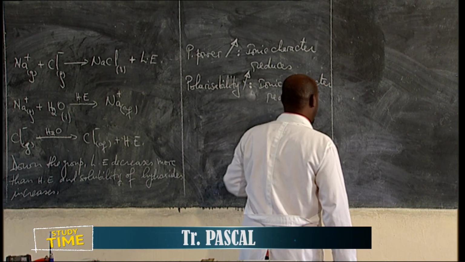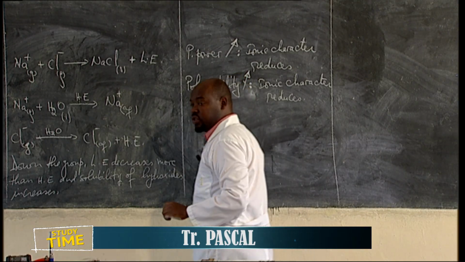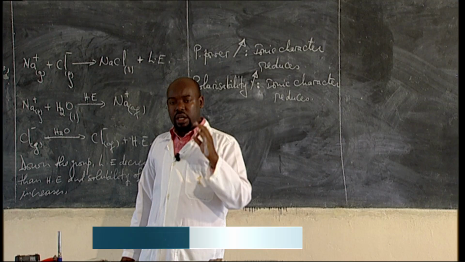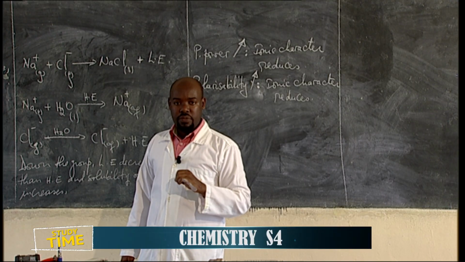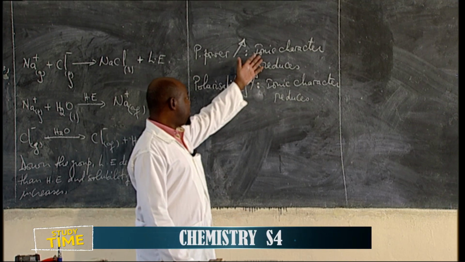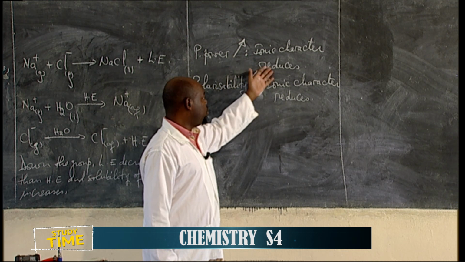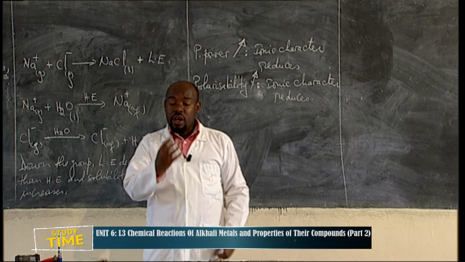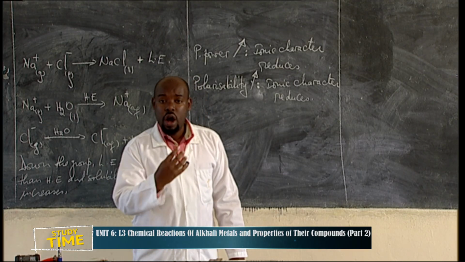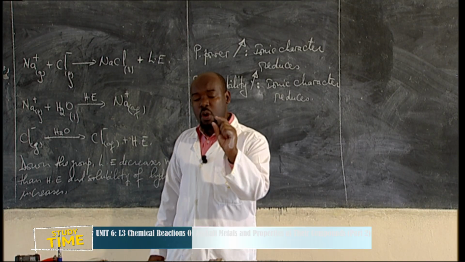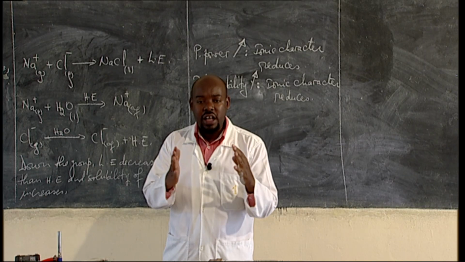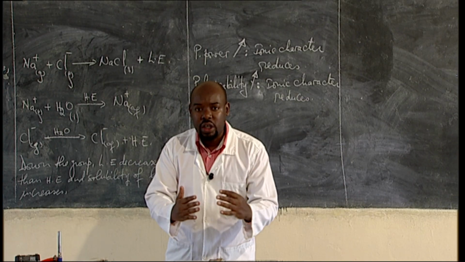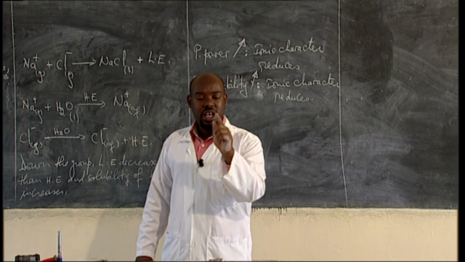And these two will contribute to how stable an ionic compound will be when heated. If these are contributing to the reduction of the ionic character, then the compound is becoming more covalent. Becoming more covalent means that it has weaker attraction forces, and with weaker attraction forces, it can be easily decomposed.